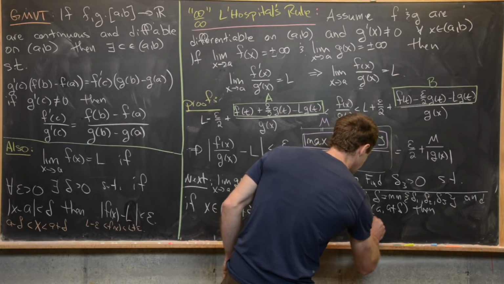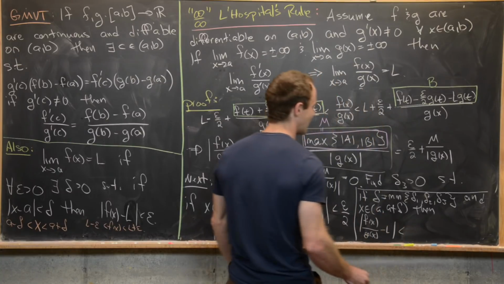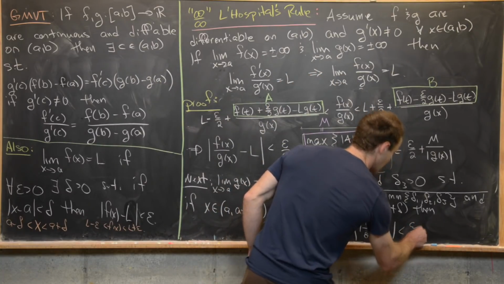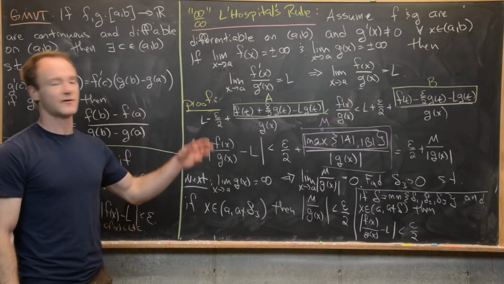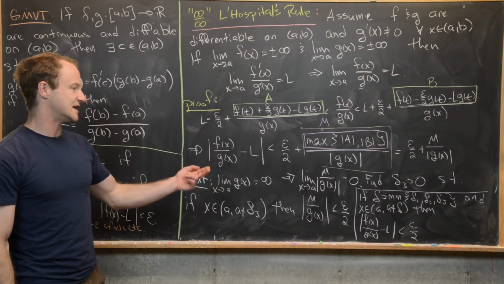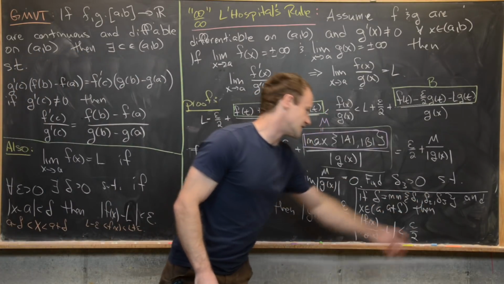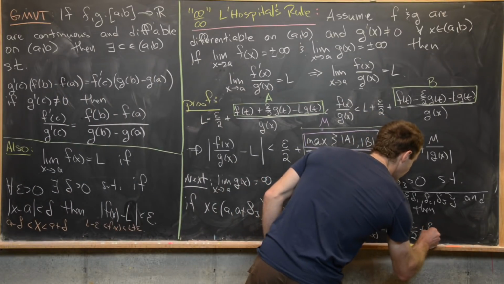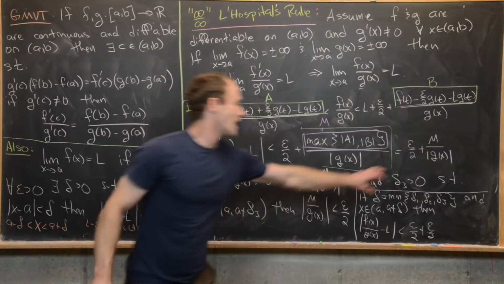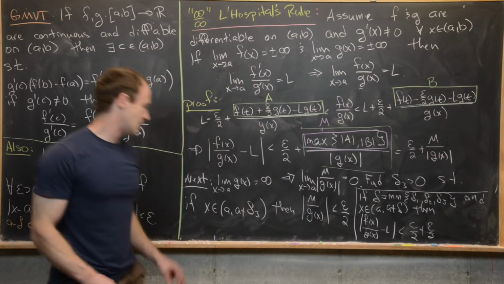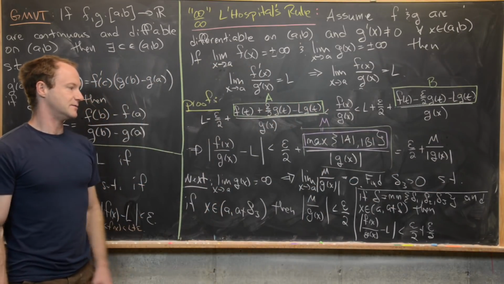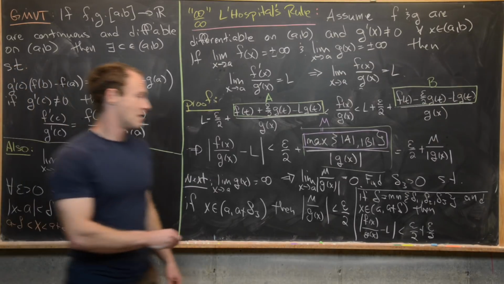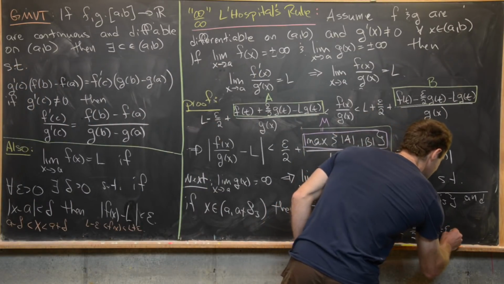So the absolute value of f of x over g of x minus L will be less than epsilon over 2. So that's what we get from the combination of this thing being smaller than delta 1 and delta 2, and then plus another epsilon over 2. And that's from this bit right here, and that comes from our delta being smaller than delta 3. But that's going to be equal to epsilon.